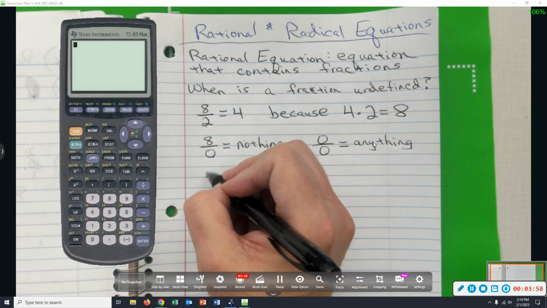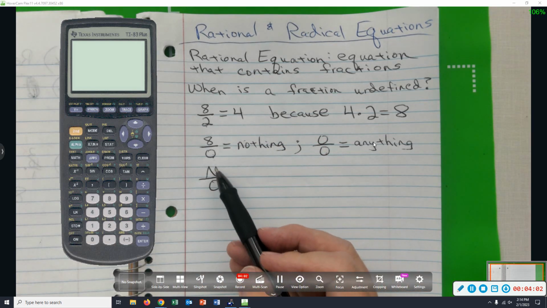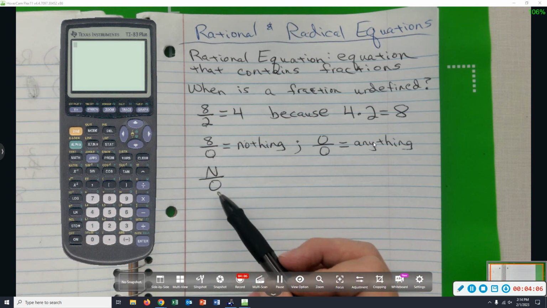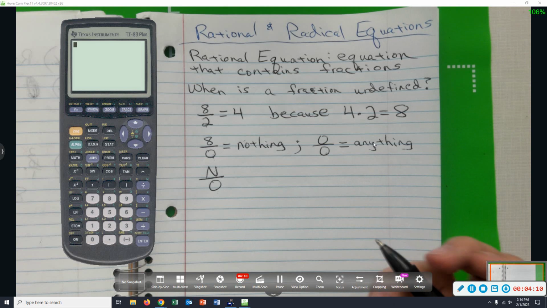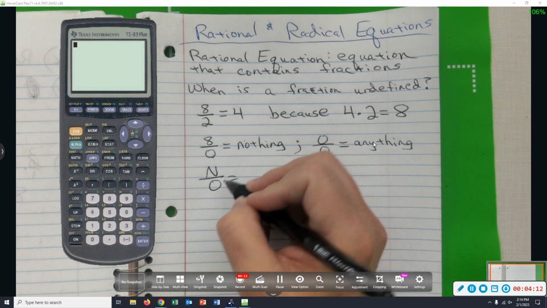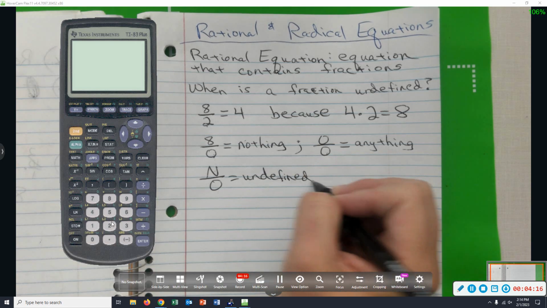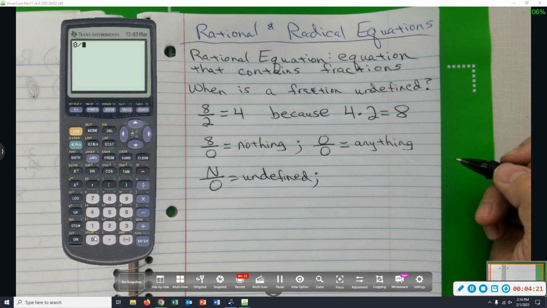So, any number divided by 0, whether the numerator is 0 or some number other than 0, N-O, what does that spell? No, that can't be done. We say that's undefined. Your calculator gives an error warning: 8 divided by 0, error, divide by 0.